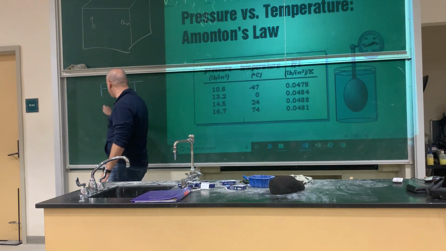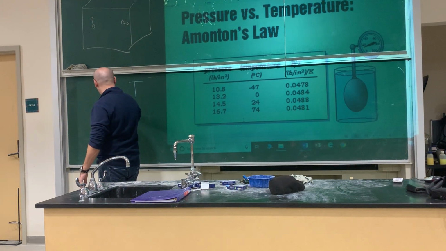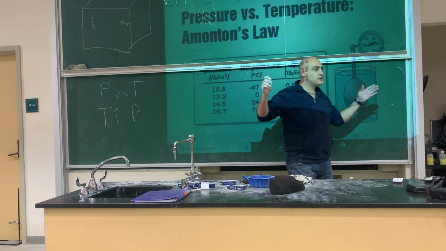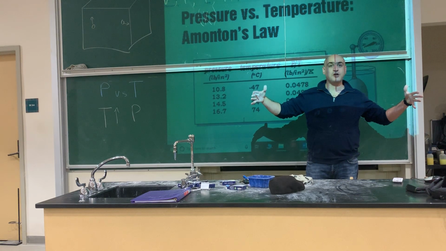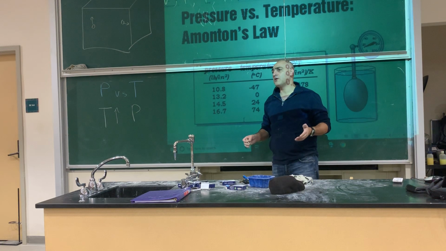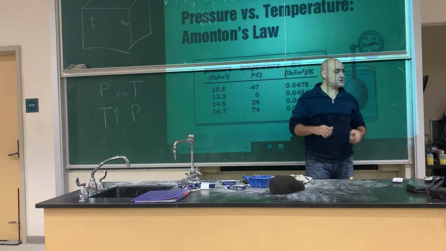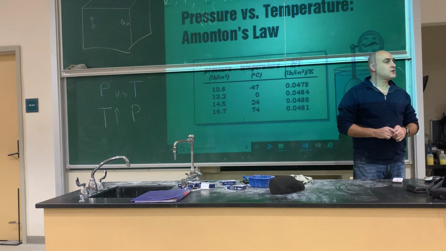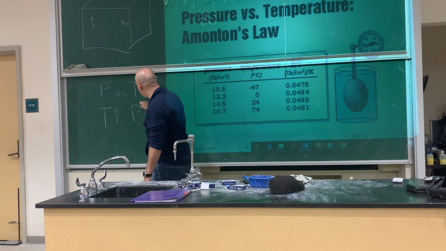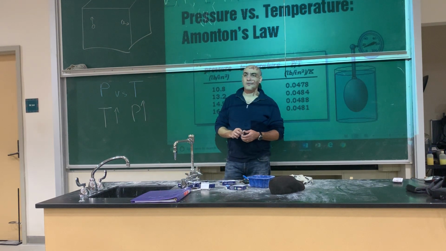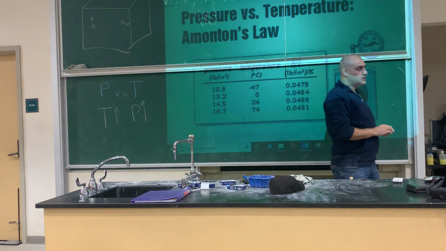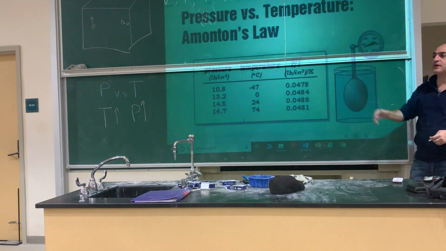If I increase the temperature, what would you tell me about the pressure, according to our intuition? Guys, the size of the container is not going to be changing. The volume is constant. If I crank up the temperature, what does that do? There's going to be more movement, and we're going to collide a lot more with the wall, so that increases what, guys? The pressure. And so there is a direct relationship between temperature and pressure, and Amonton observes that in his experimental data.